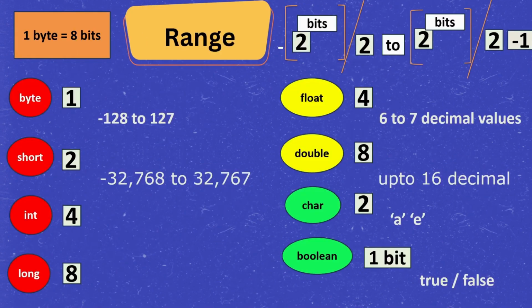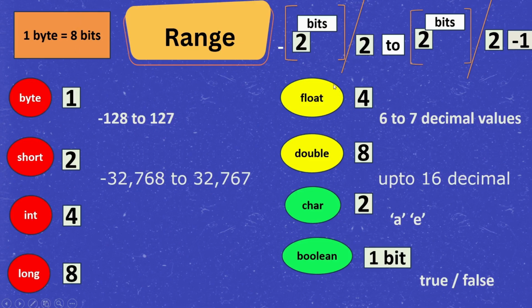To calculate the range of each data type, you do not have to remember it. We have a formula. The formula is on the top right corner. The starting range is minus 2 to the power of whatever this formula gives. Like for byte we have 1 byte, right?